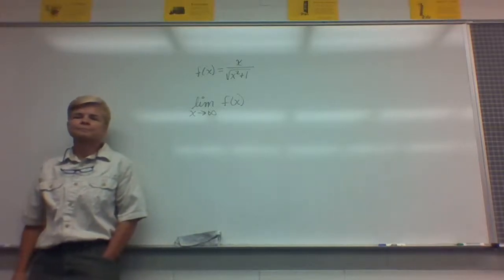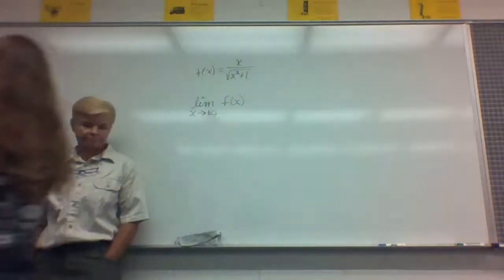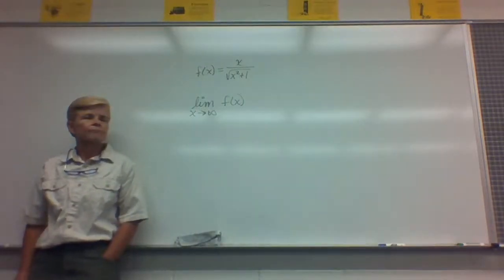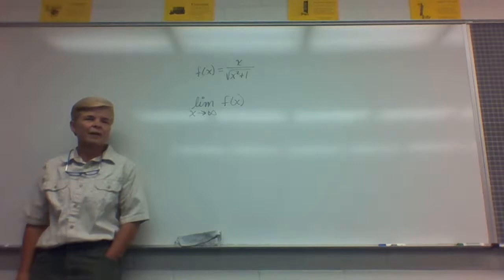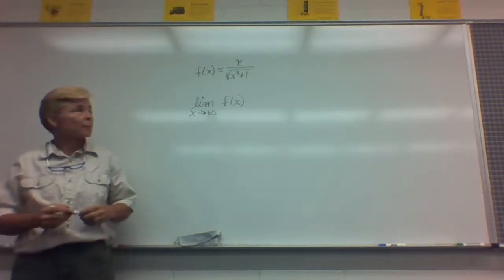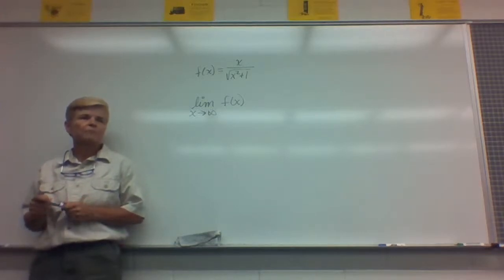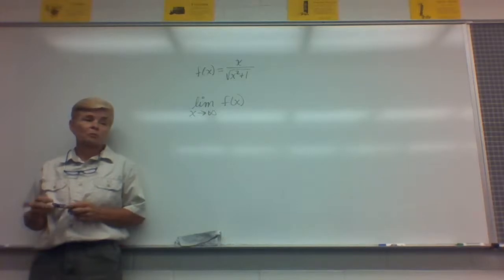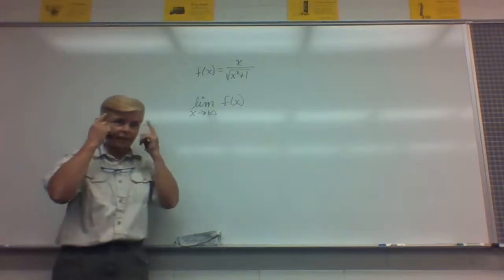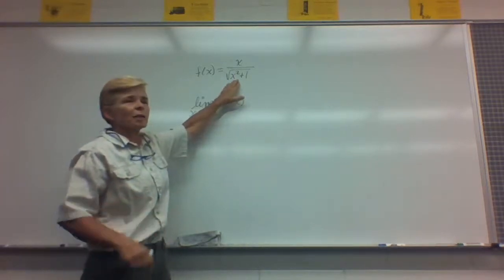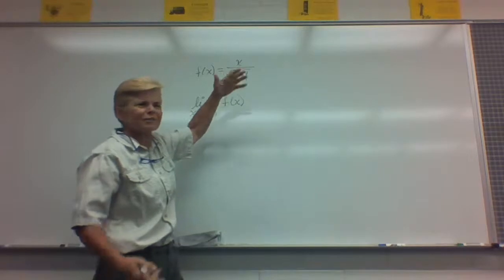Think about what's happening as x gets really, really, really big to the right. Will it approach 0? No. This is the kind of thinking you have to do. Consider this. This is the part that's probably the problem. I mean, that's obviously going to infinity, right?